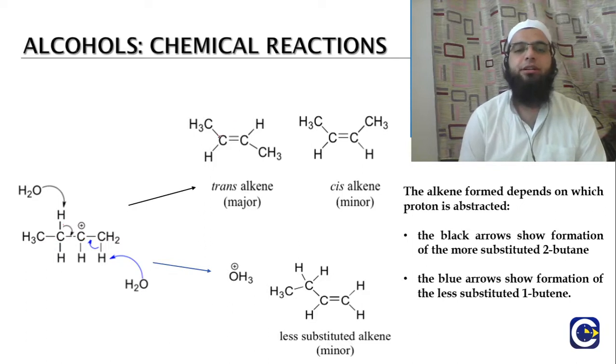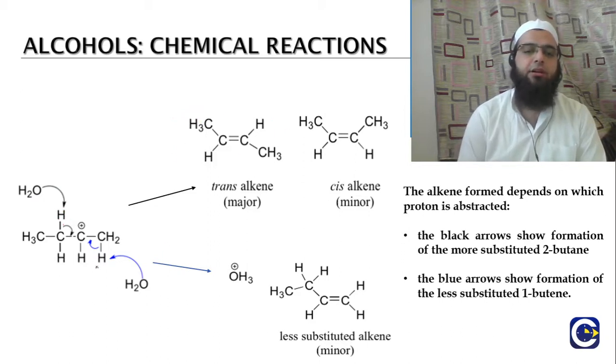This butanol is converted into butene, but the double bond is at the 2 carbon position. That is why we call this 2-butene. This is the 2-butene which is formed if this hydrogen is abstracted by the water.